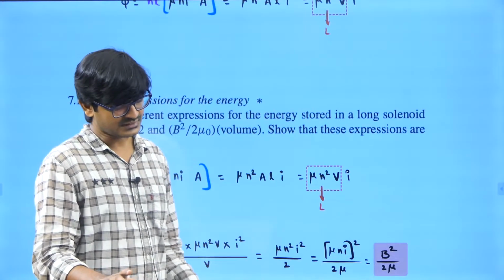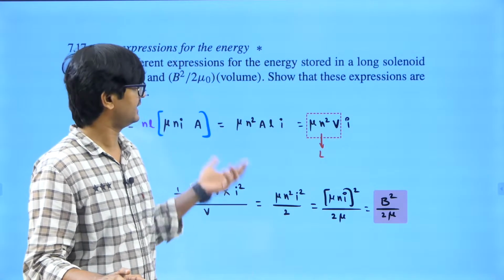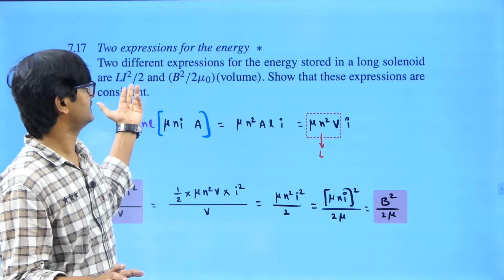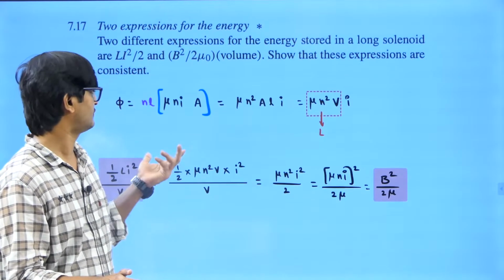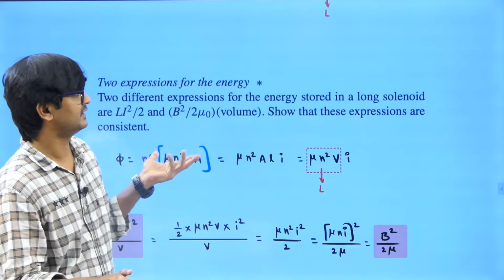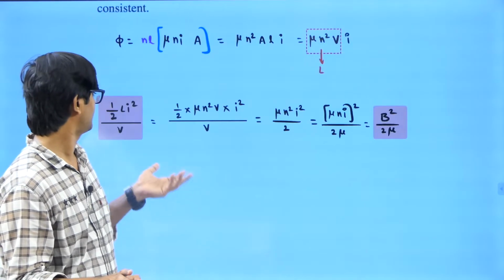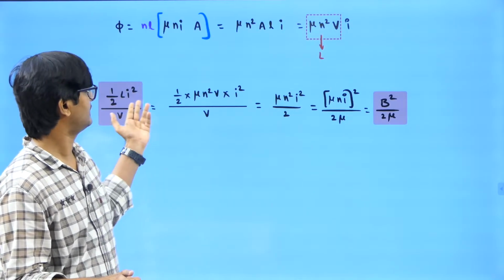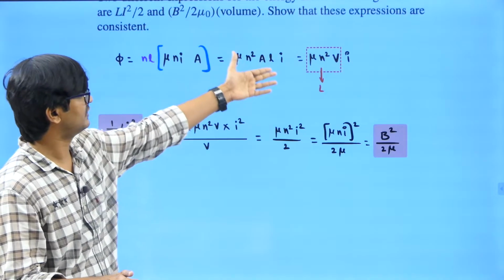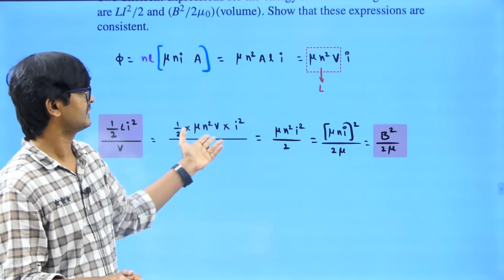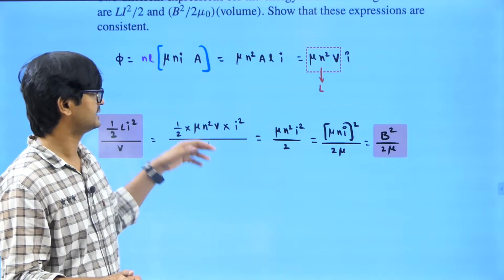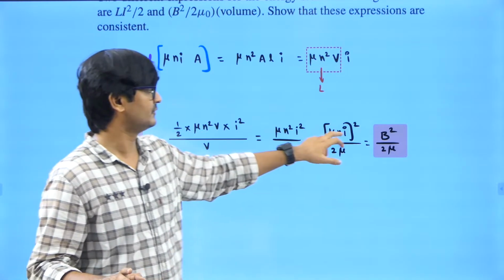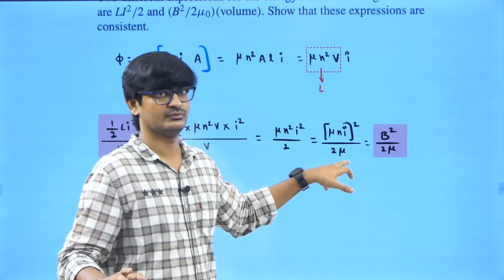Now the other thing: the energy is half L I square, and you need to show that the energy per unit volume is going to be B square by 2 mu. For the solenoid, I take half L I square divided by volume, substitute the L I just got, and the volumes cancel. I get mu n I whole square by 2 mu.